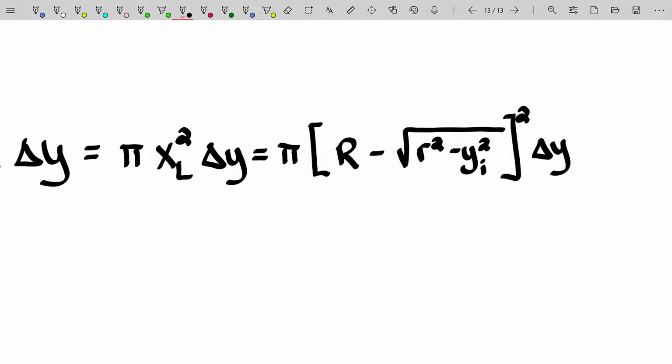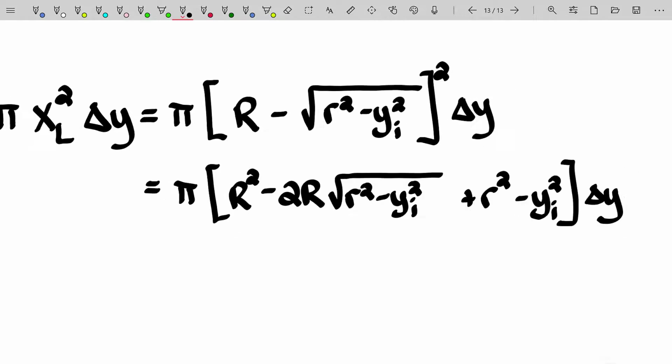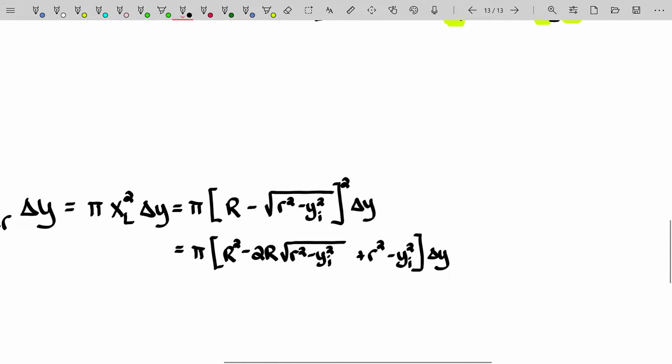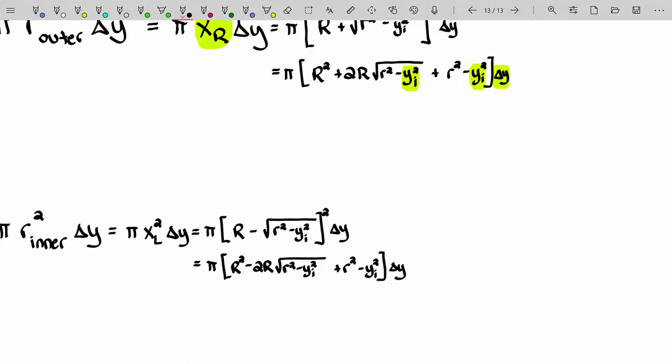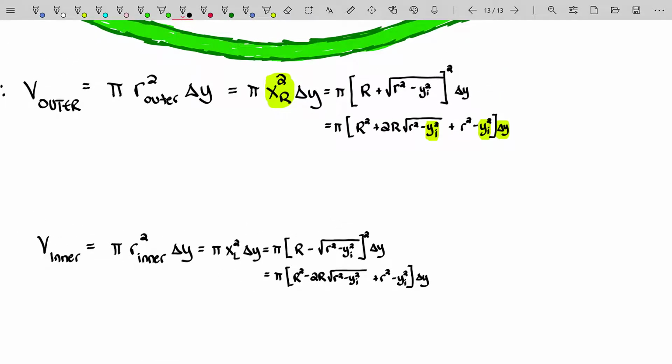And remember, it's y sub i because you're looking at the ith slice here, and because we're only setting up the discrete values for the discrete plates that we're stacking there. Multiplying all this stuff out, we'll get the following, which looks very similar to the outer plate volume. The only difference being that for the outer plate we're adding 2r root something, and with the inner plate, we're subtracting 2r root something.